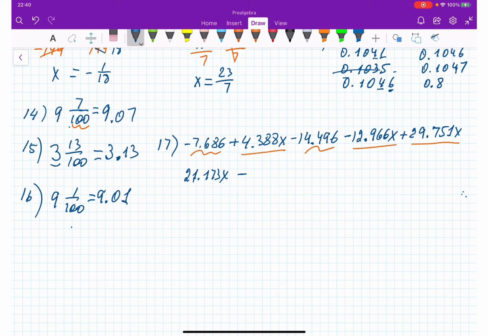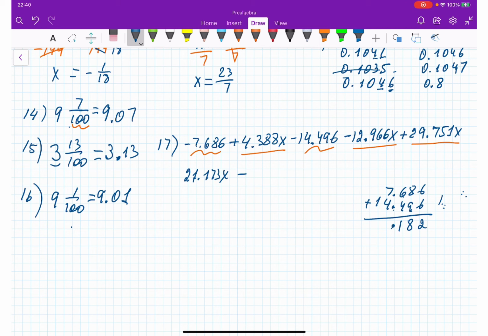So it's going to be 7.686 plus 14.496, point under point. 6 plus 6 is 12, 1 in mind. 8 plus 9 is 17, and 1 is 18, 1 in mind. 6 plus 4 is 10, and 1, 11, 1 in mind.